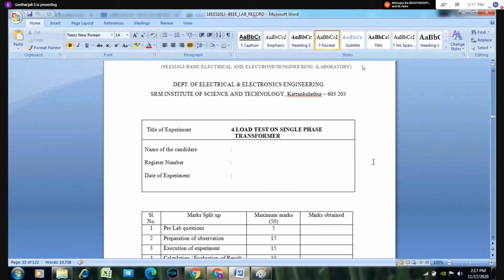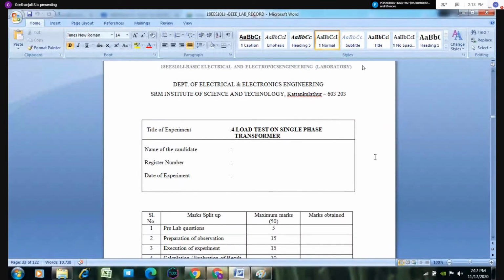The main parts of the transformer are the magnetic core, primary winding and secondary winding. The supply is given to the primary side of the transformer, and we get the output from the secondary. We can use the electrical energy in the secondary side alone.